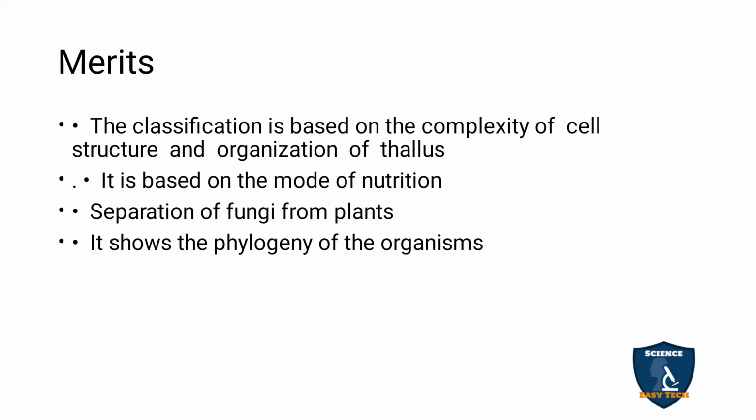So based on the evolutionary, that is phylogenetic relationship, also they classified. So this is the merit. The first merits are cell structure and organization, mode of nutrition, separation of fungi from plants, and phylogeny of the organisms.